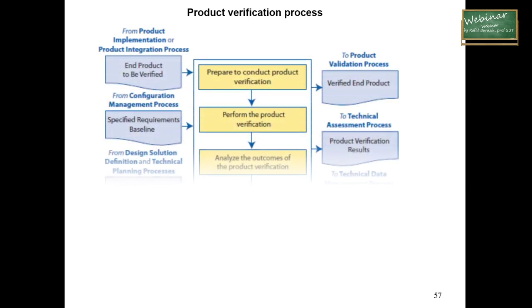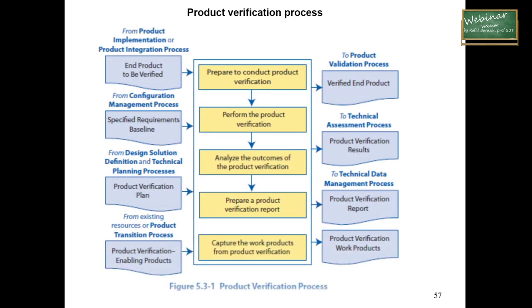So we should start from the preparation for product verification. I would need the end product to be verified, and it comes from the product implementation and product integration process, so as the results of our previous process. As the result, I should have the verified end product, which I should deliver to the product validation process.